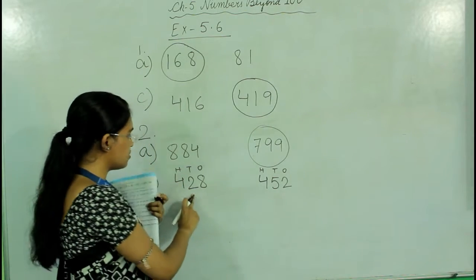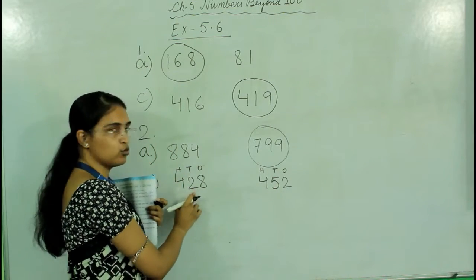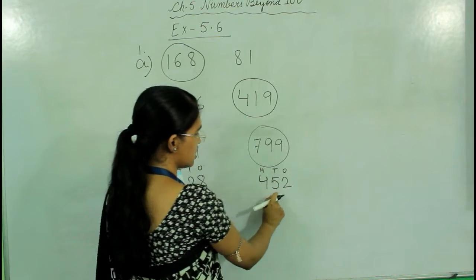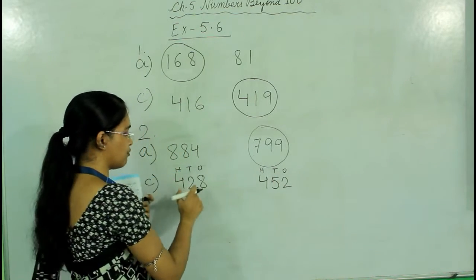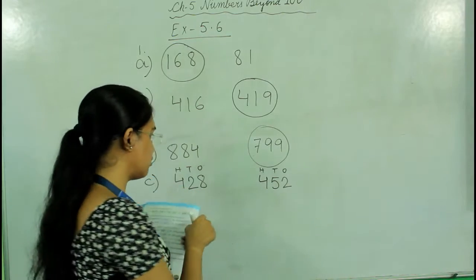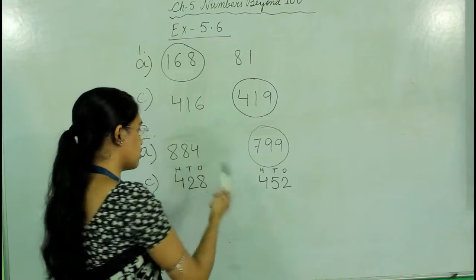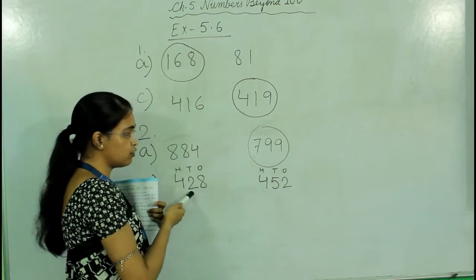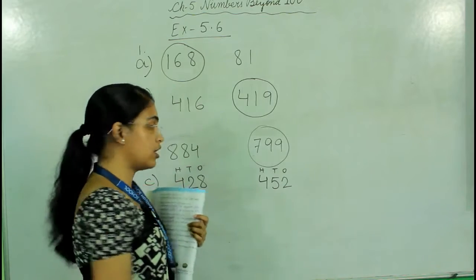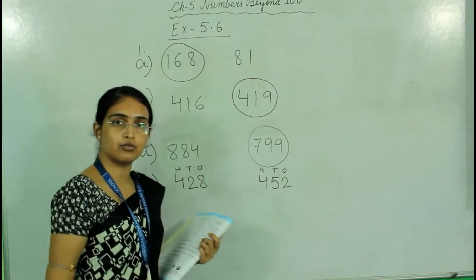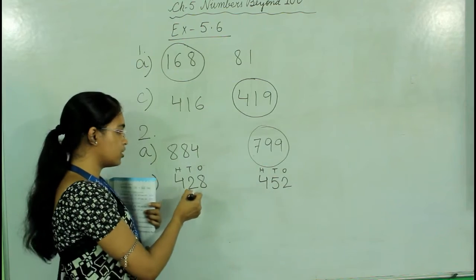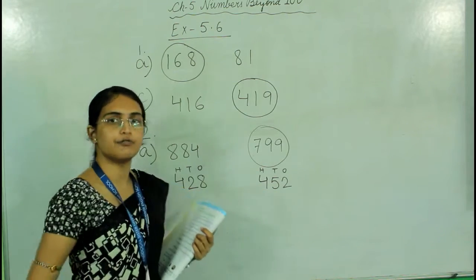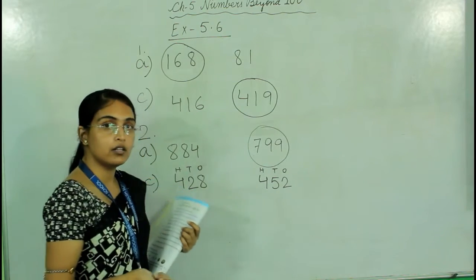In the tens place, on this side we have 2, but on this side we have 5. So from here we can identify which number is smaller, right? Here is 2 and here is 5. So which one is smaller?